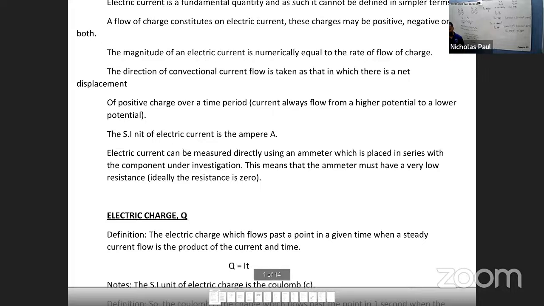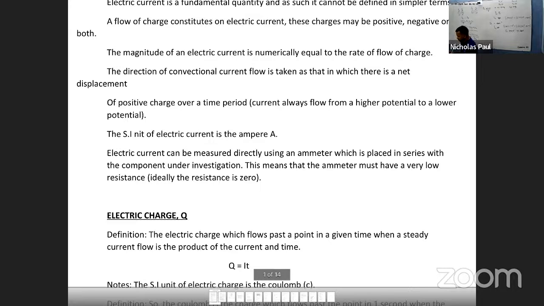Electric current can be measured using an ammeter connected in series, right? Ammeters are connected in series. This means that the ammeter must have a very low internal resistance.